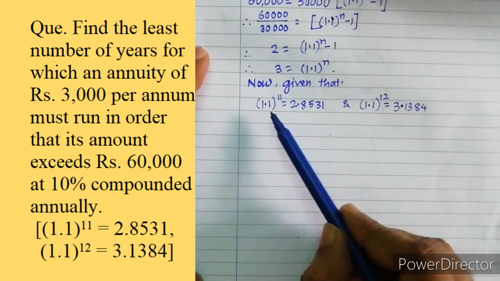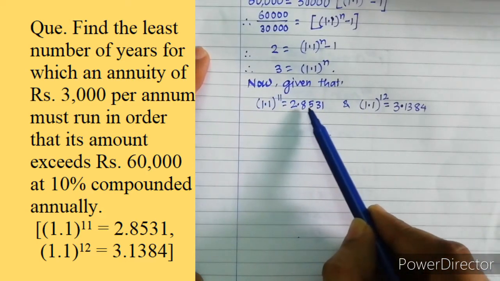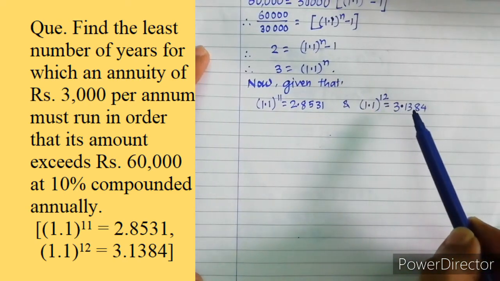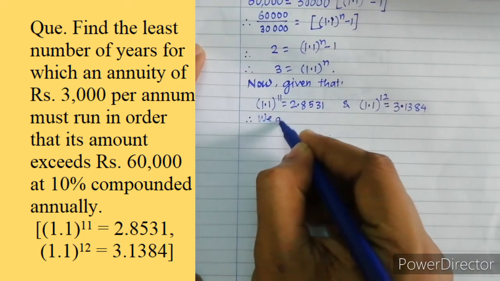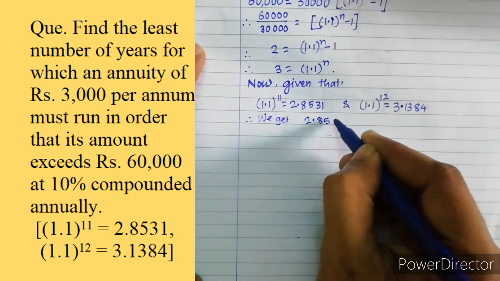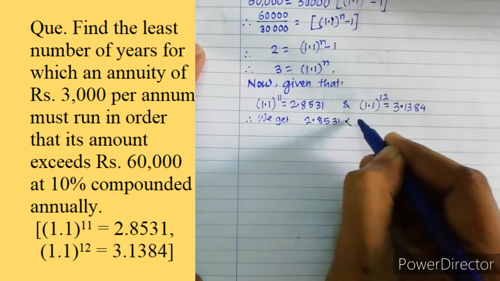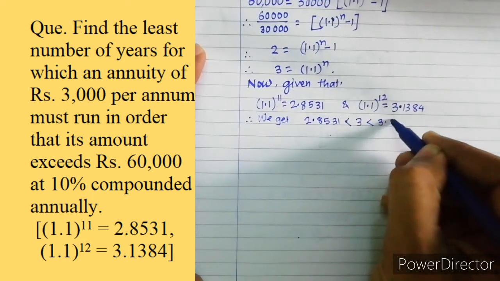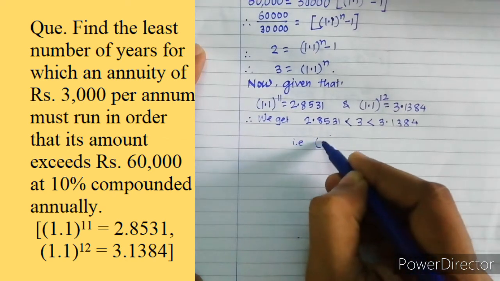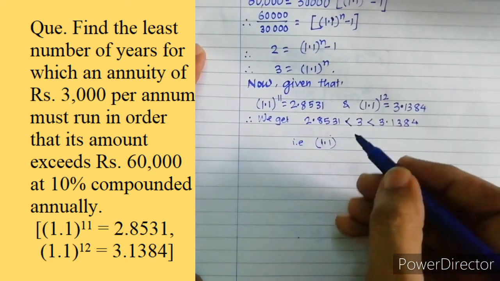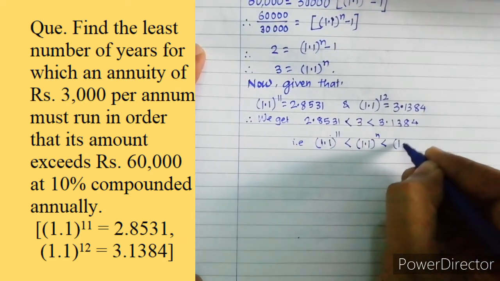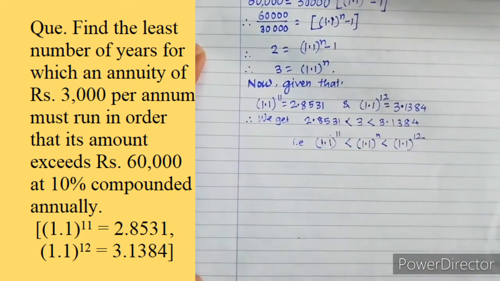Now given that 1.1 raised to 11 is 2.8531 and 1.1 raised to 12 is 3.1384. Therefore we get 2.8531 is less than 3 is less than 3.1384. That is, 1.1 raised to 11 is less than 1.1 raised to n is less than 1.1 raised to 12.